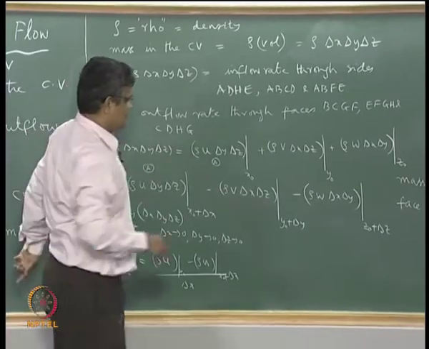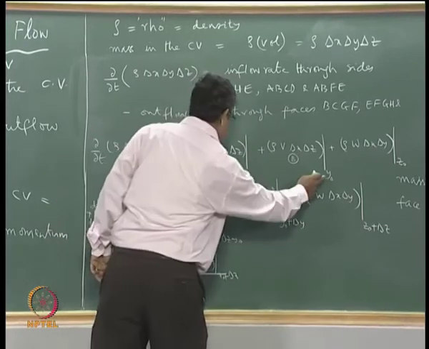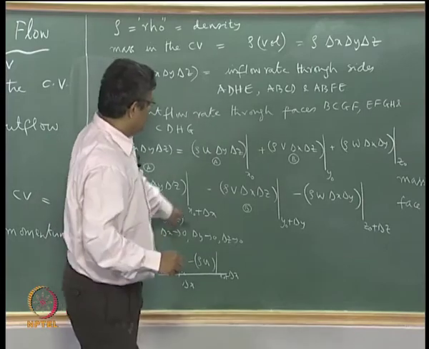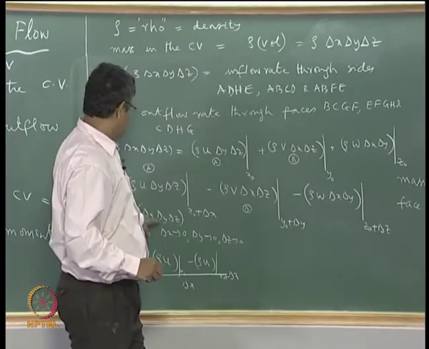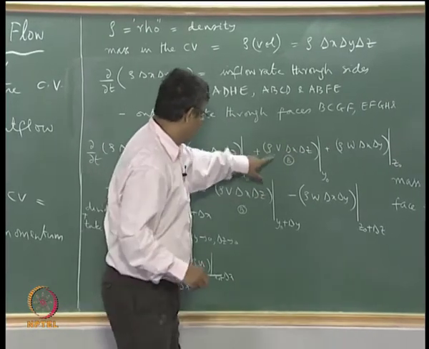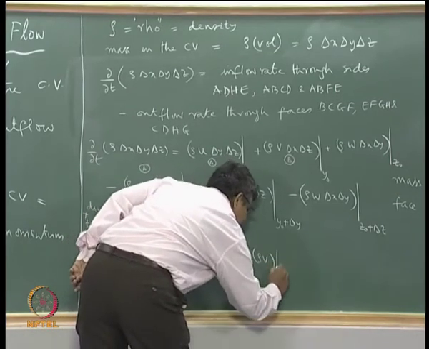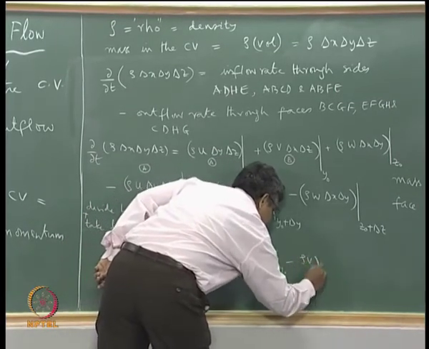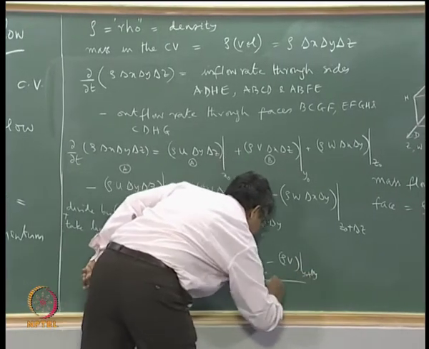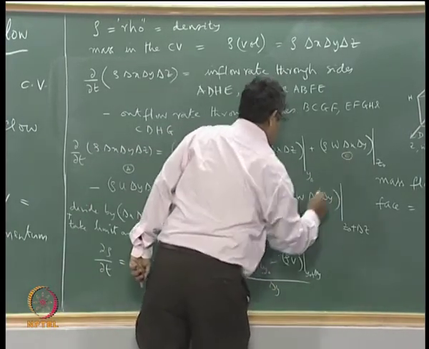Now, let us take this term at y naught and this term at y naught plus delta y together, divide by delta x, delta y, delta z. So, delta x cancels out, delta z cancels out, and what we are left with is plus rho v at y naught minus rho v at y naught plus delta y divided by delta y, and we take the remaining two terms together.